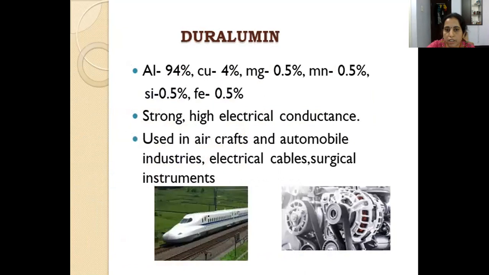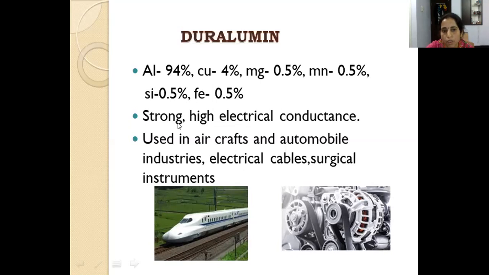Next, we are discussing duralumin. Duralumin is an important alloy of aluminum, which has wide applications in aeroplanes and aerospace parts. Its composition is aluminum up to 94%, copper 4%, magnesium 0.5%, manganese 0.5%, silicon 0.5%, and iron 0.5%.